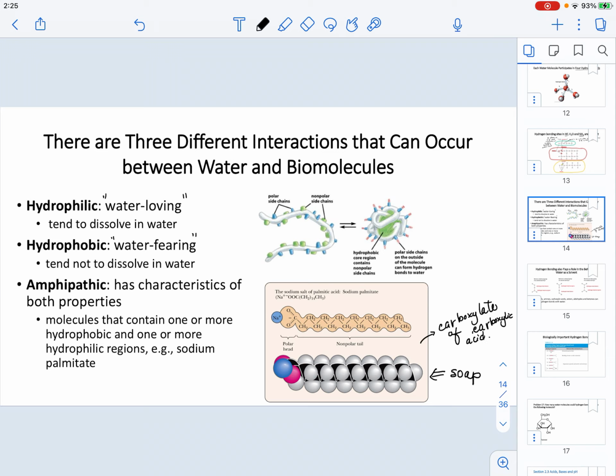So they are the result of saponification, which is base hydrolysis of a carboxylic acid.